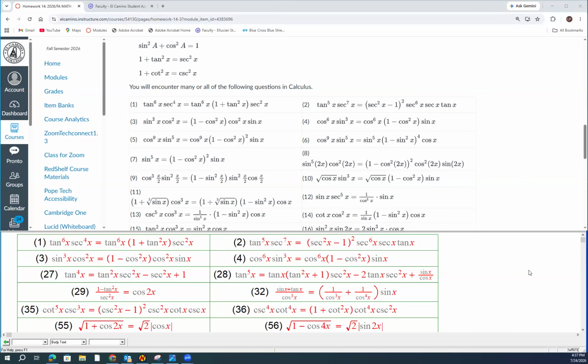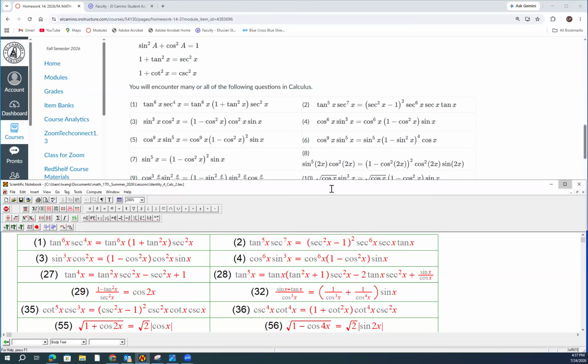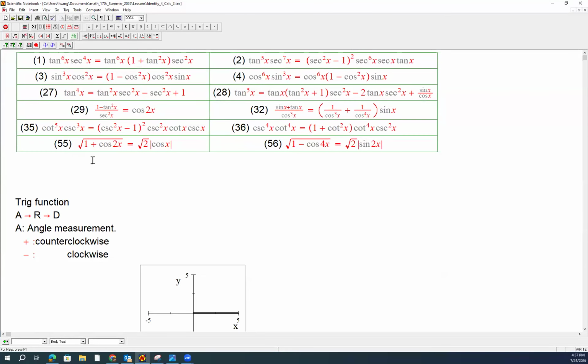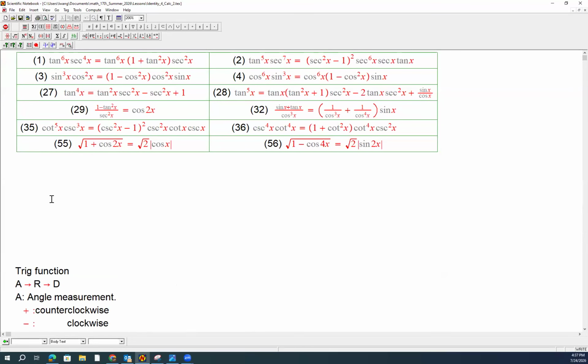So without further ado, let's work on these questions. We only have a dozen. I suggest we all do it from the left-hand side to the right-hand side. Starting from the first one, we want to prove to the right, so we're going to start from the left.